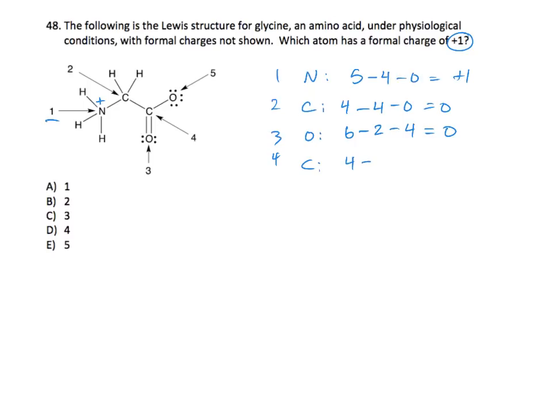This is making 4 bonds, 2 singles and a double. No unshared electrons, gives it a formal charge of 0. 5, we have oxygen. It has 6 valence electrons. It's making 1 bond. It has 6 unshared electrons around it, which is -1. So we can give it a -1 charge on the structure. So the correct answer we kind of landed on right away is A.